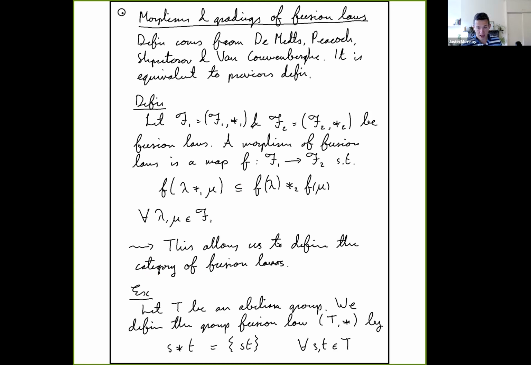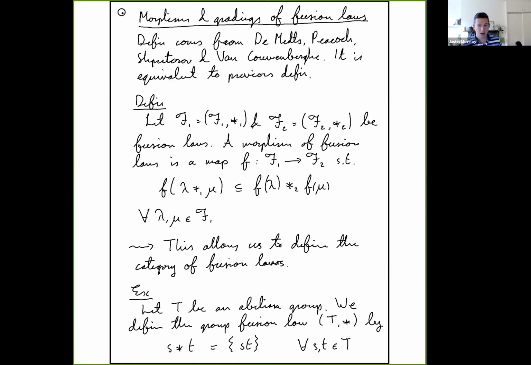I have more morphisms because I've put it like this. So I have morphisms from small things into much larger fusion laws, where I'm not going to see all of the second fusion law by just mapping my small one inside it.